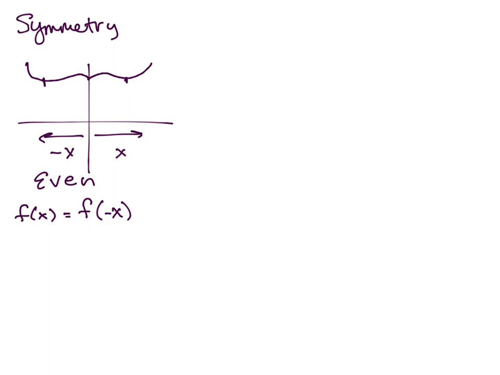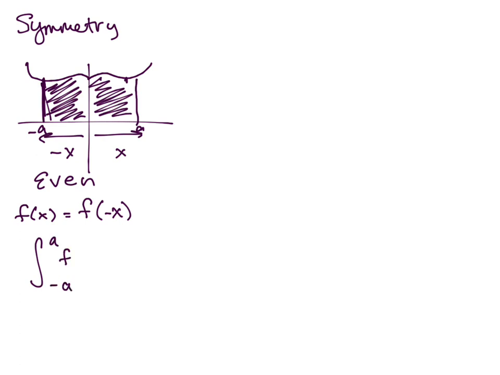Also the area underneath. So what's cool about that is let this be the area at negative a, and let this be the area under the curve at positive a. If you're finding the area from negative a to positive a of f of x dx, a shortcut would be to double the area from 0 to a.